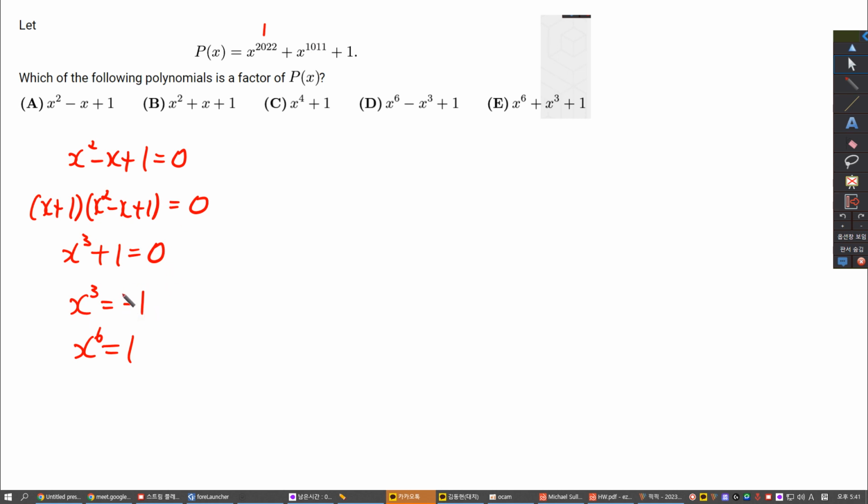So we can use this minus 1. Minus 1 to that power is minus 1. And so for the first case, the value is 1, not equal to 0. So that means the expression in A is not a factor of P of x. So A is eliminated.